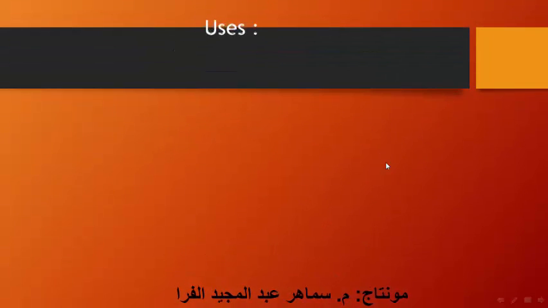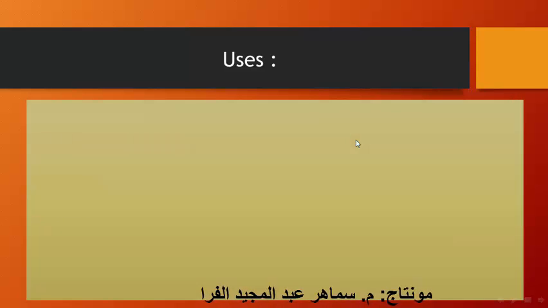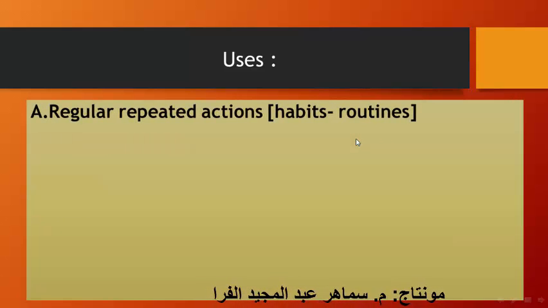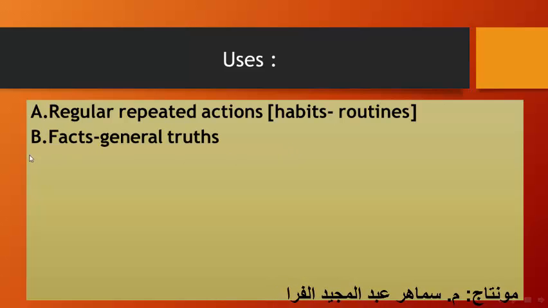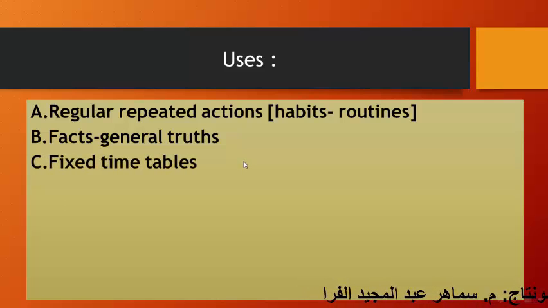Now let's have the grammar rule with the uses of the present simple tense. A, we use present simple tense with regular repeated actions, either they are habits or routines. Good, with facts, general truths, or with fixed timetables.